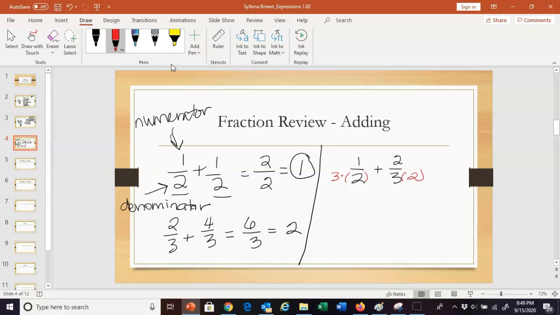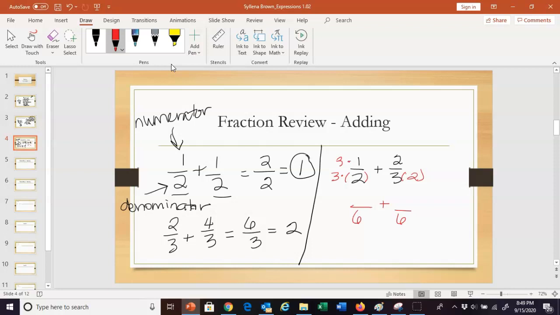So see what we did? We made them both 6, right? 3 times 2 is 6, and 2 times 3 is 6. So that makes them common. That makes them the same. But the thing about math is you can't just throw numbers in there anywhere, right? If we did 3 on the bottom here, we have to multiply by 3 on the top.